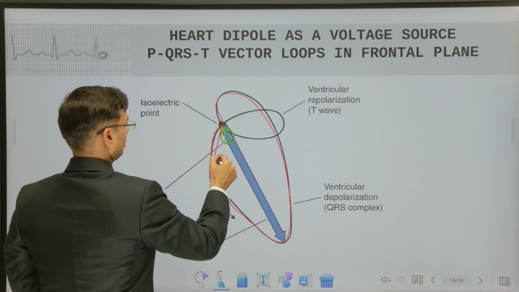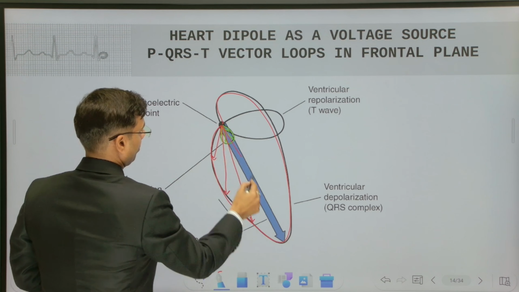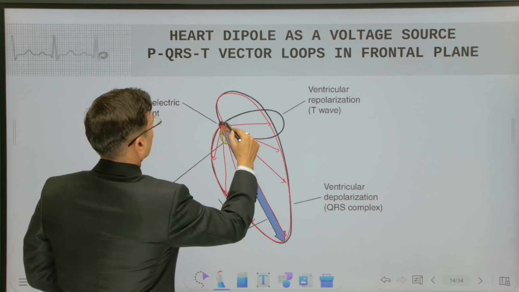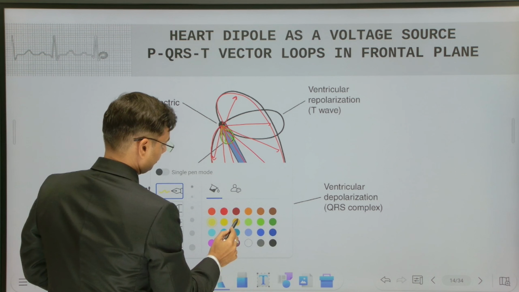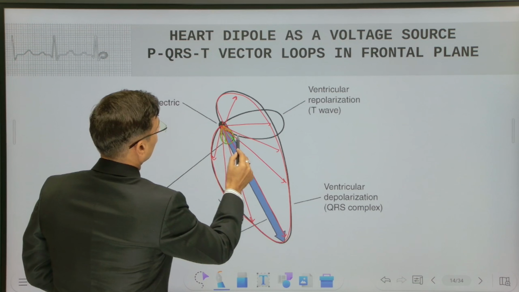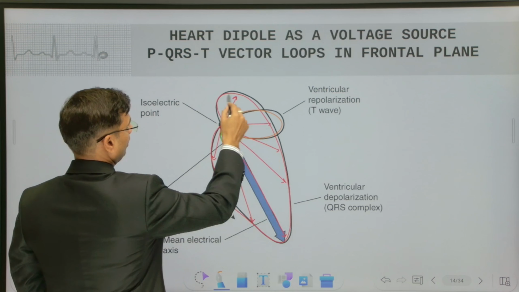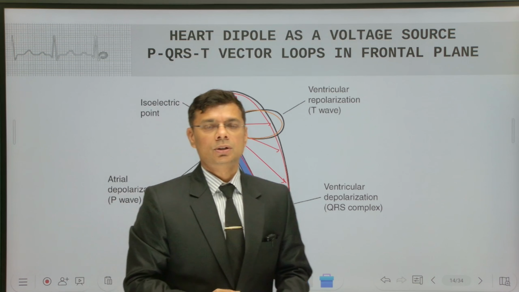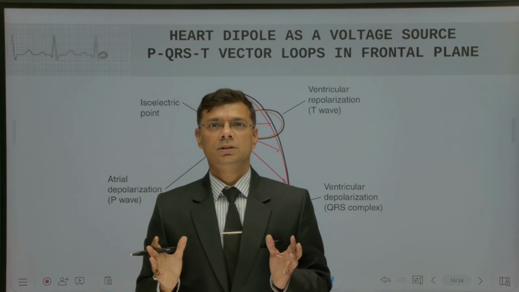Vectors are forming, this is a septal vector, then vectors are forming in this way. And finally we can draw a T wave loop. This is the T wave loop. So we have the P wave loop, QRS vector loop, and the T vector loop. So in this way we got the heart dipole vectors.